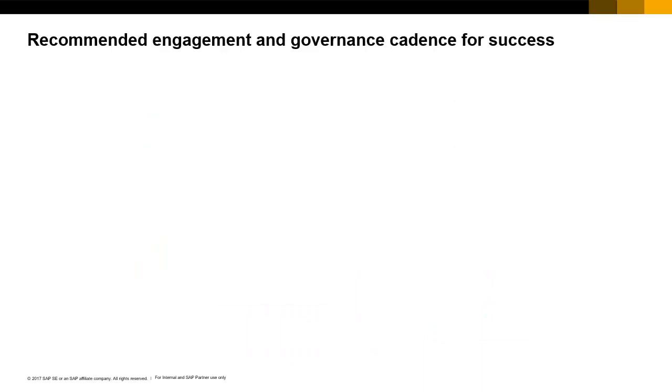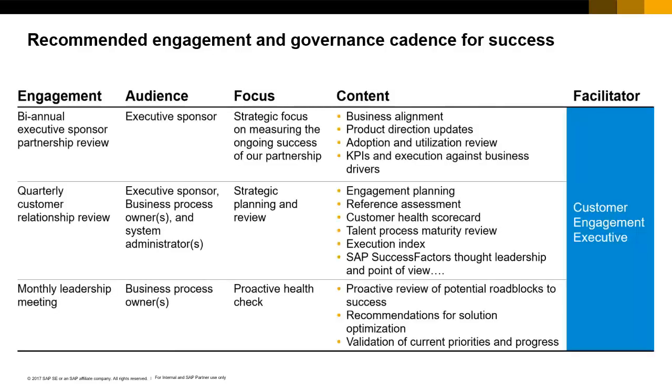Next, let's take a look at the recommended engagement and cadence of meetings to ensure success. To facilitate the right activities in each phase of the customer relationship and provide a vehicle to maintain the relationships established as part of account governance, it's critical to set up a cadence of proactive meetings.